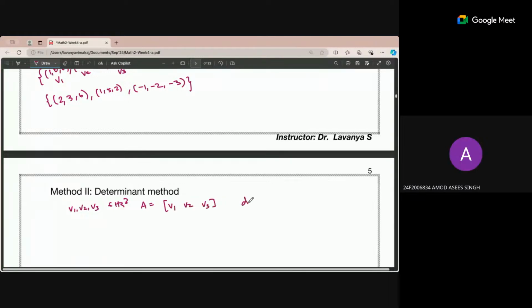If the determinant of A is equal to 0, then the vectors v1, v2, v3 form a linearly dependent set. If it is non-zero, then they are linearly independent. So whenever it is not very straightforward, simply go to the determinant method.